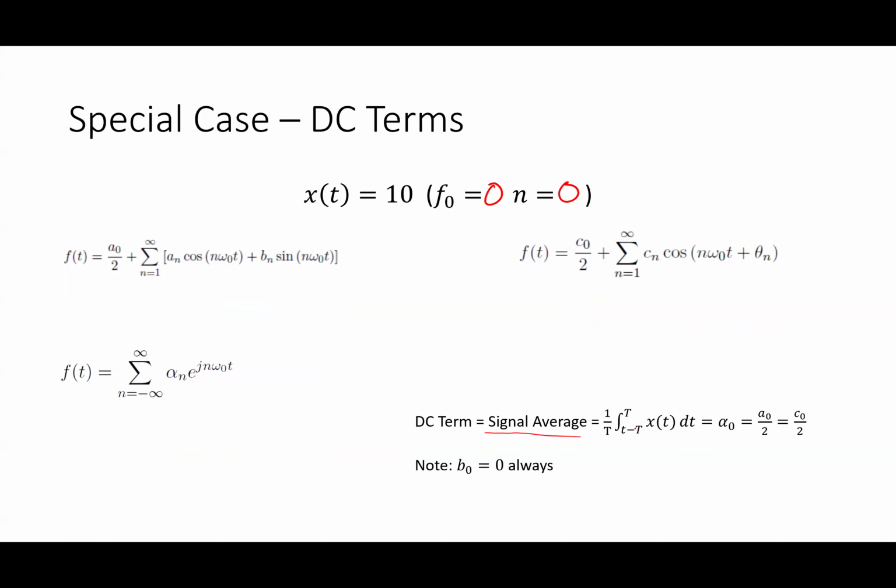The way I calculate the average is to integrate over a period and divide by the period. So alpha 0 equals A0 over 2 equals C0 over 2, which is equal to the average value of the waveform over a period. And the way I write that is like this.